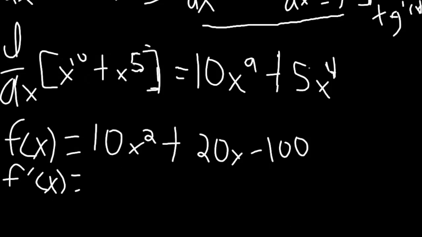So remember 10x squared, we exclude the 10, and then we use the normal power rule. So we bring the 2 to the front, which ends up with 2x, and then remember it's the exponent minus 1. So that's 2 minus 1, which is just x to the first, and we don't have to put that. So it ends up being 10 times 2, which just ends up being 20x.